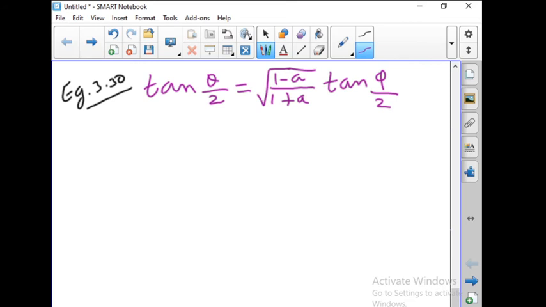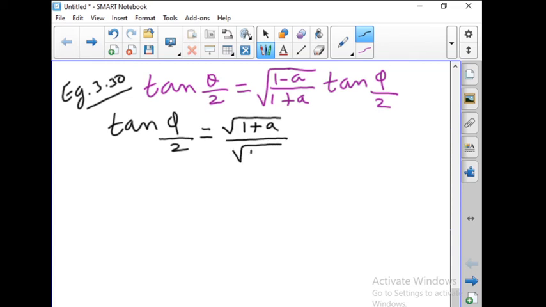So from this, what is tan phi by 2? The root term can be taken to the other side, so we can write tan phi by 2 as root of 1 plus a by root of 1 minus a into tan theta by 2. Okay, we will write like this.